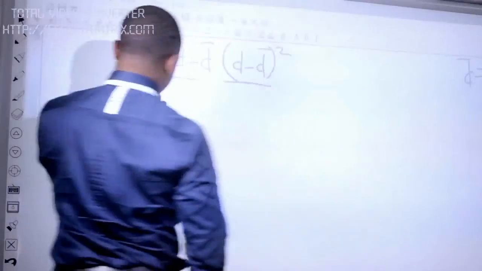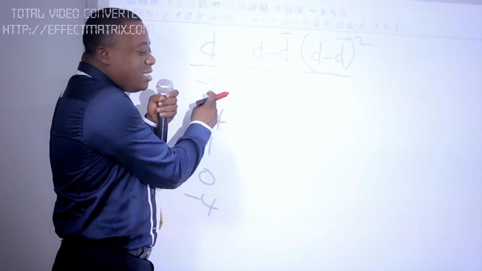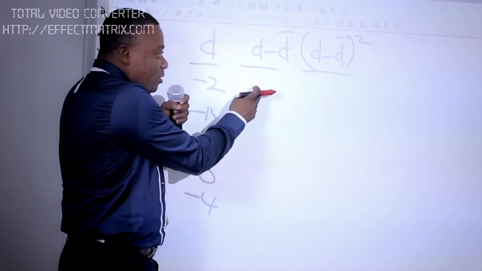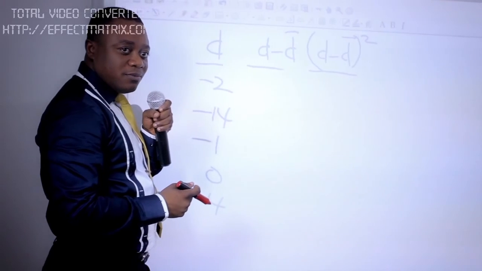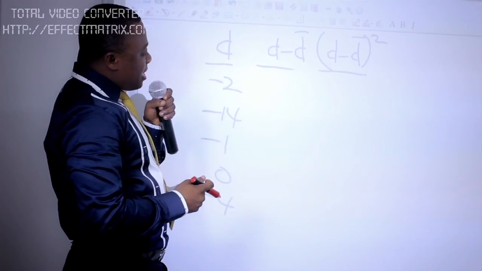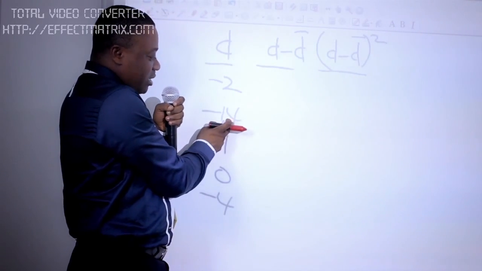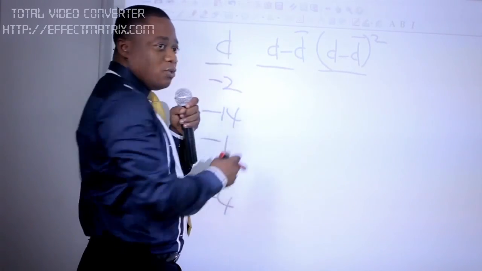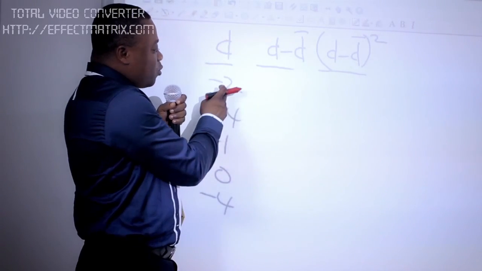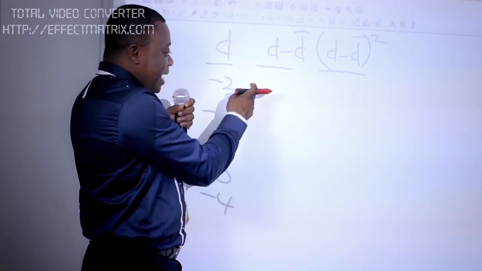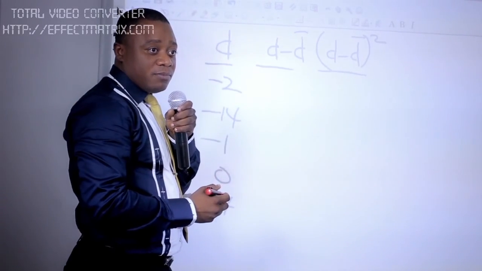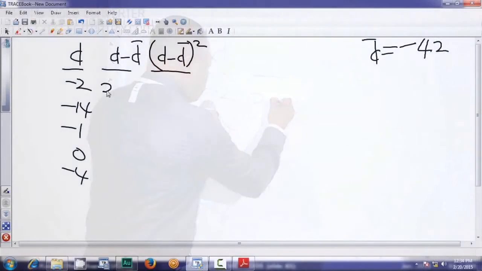So the first one is going to be negative 2 minus negative 4.2, which is plus 4.2. That will give us 2.2 positive. Negative 14 minus negative 4.2, or negative 14 plus 4.2, that is what?